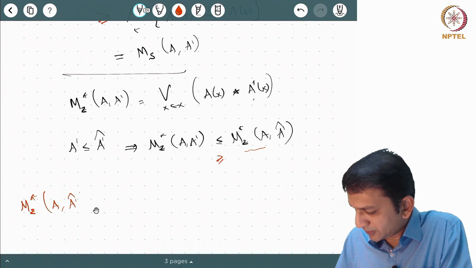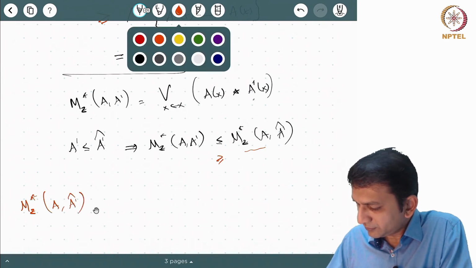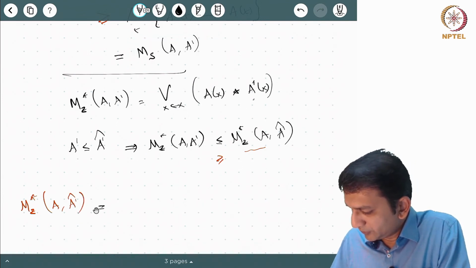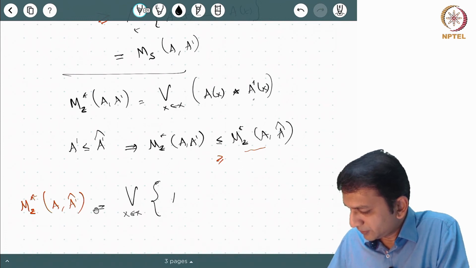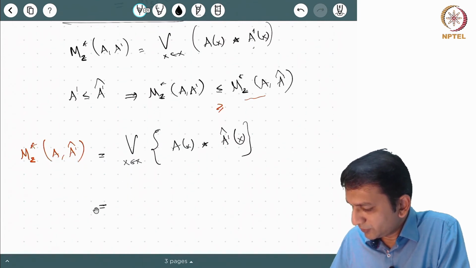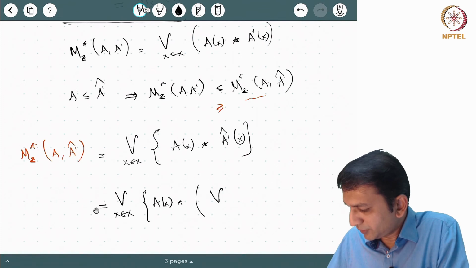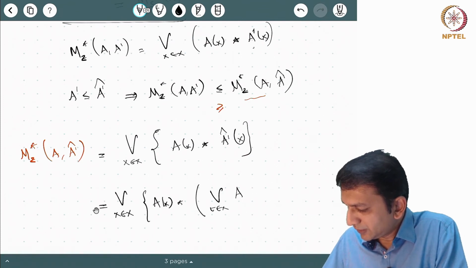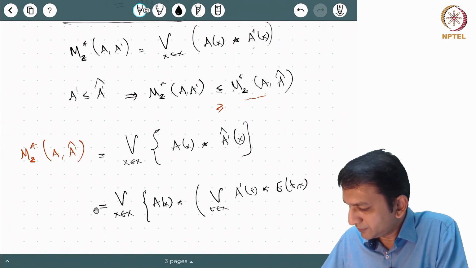A dash cap. Now this is equal to the supremum over x of a of x star a dash cap of x. Now substituting for the extensional hull of a dash, supremum over t element of x of a dash of t star e of t, x.